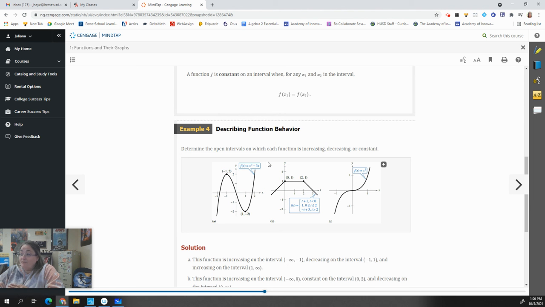Not too difficult, right? Here we're increasing from -infinity to 0. We are constant from 0 to 2. And from 2 to infinity, it's decreasing.